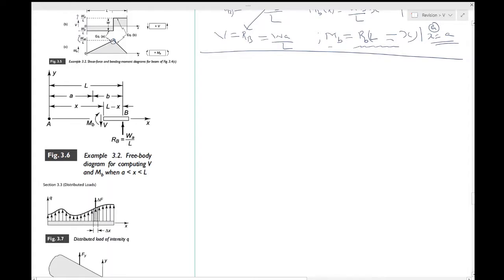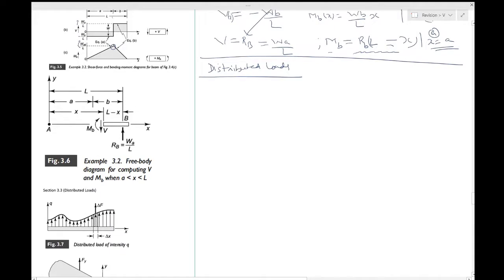Now let's learn about distributed loads. In the previous section, you had assumed that the load acting on the slender member and the support forces were concentrated, or they were point forces.